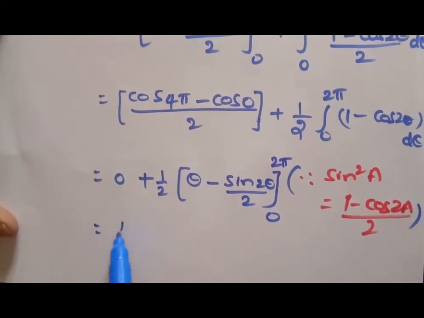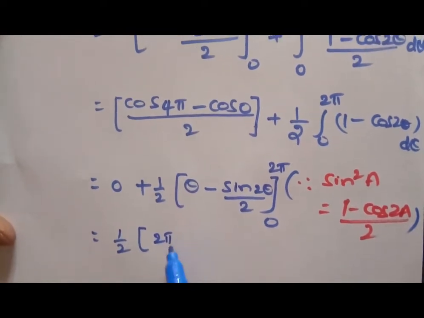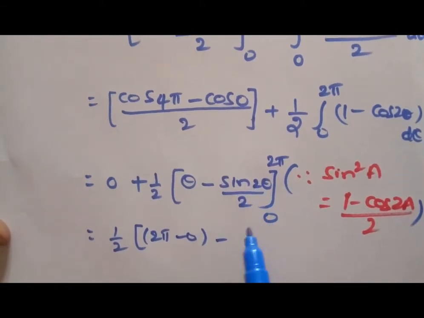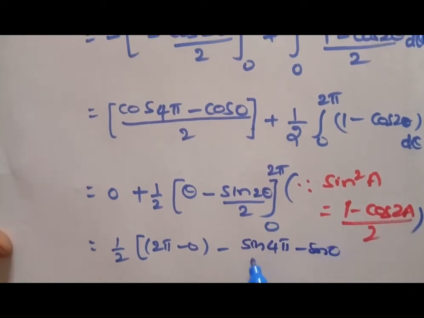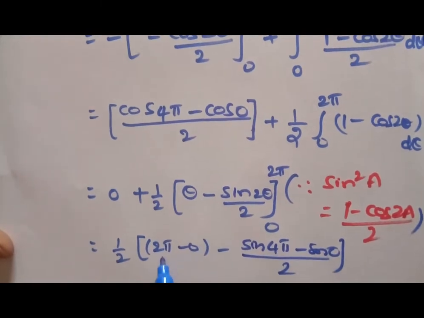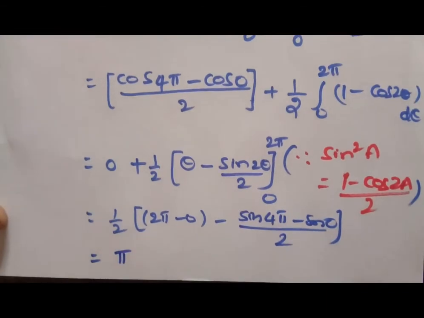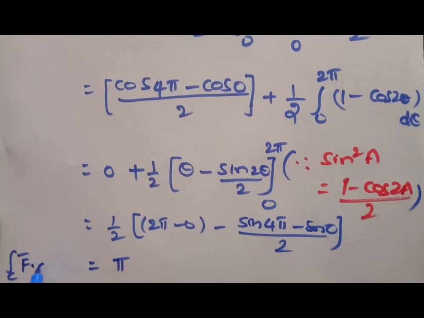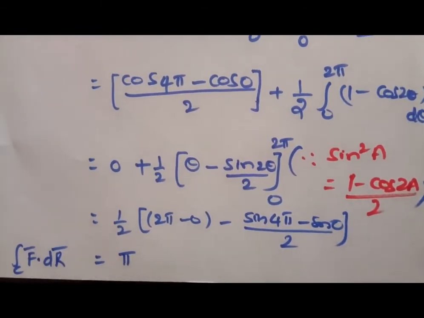Therefore this is equal to 1 by 2 times upper limit 2 pi minus lower limit 0, minus sin 4 pi minus sin 0 by 2. Therefore this is 0 minus 0, 0. So 2 pi into 1 by 2 is equal to pi. Therefore the integral over C of F bar dot dr bar is equal to pi.